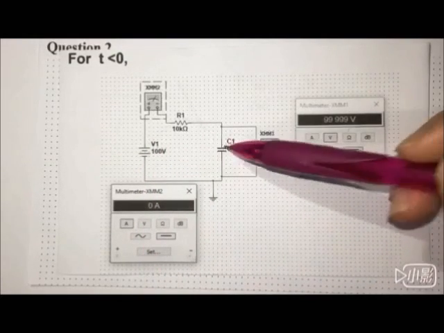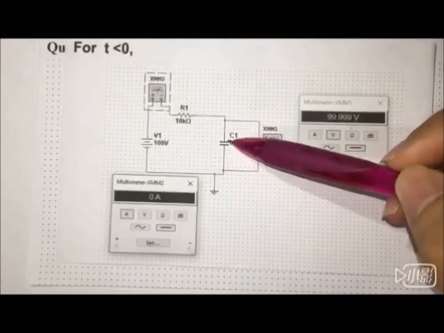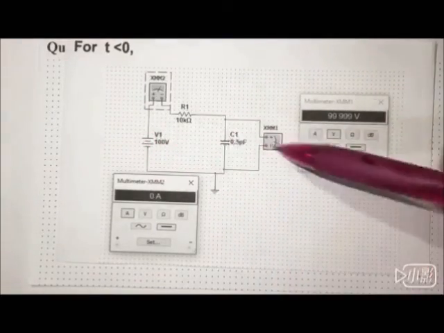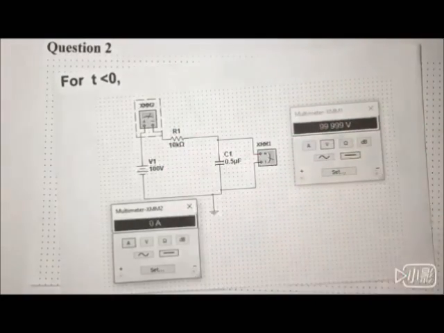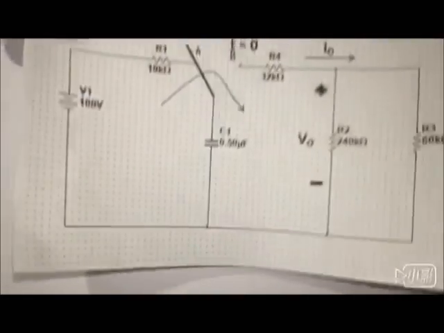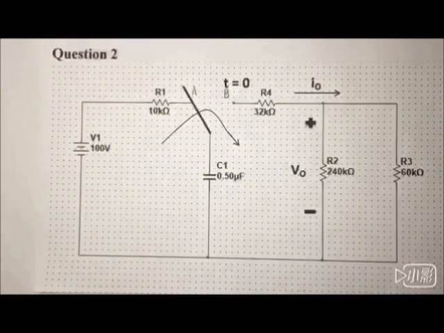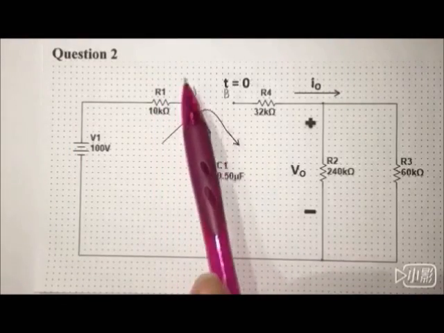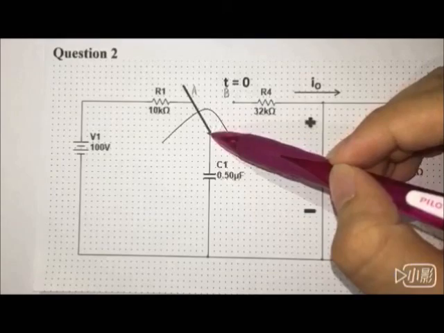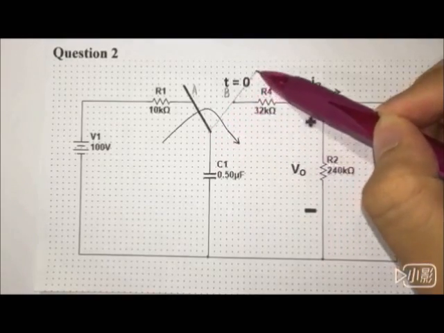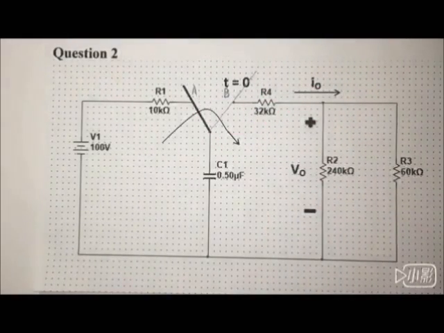This is because when the capacitor is connected to a DC supply, it becomes an open circuit, so there is no current flowing in the whole circuit. Now, when the time is equal to 0, the switch is switched from A to B. Now the circuit will be like this.